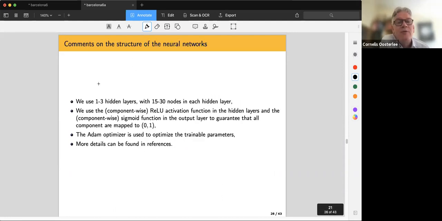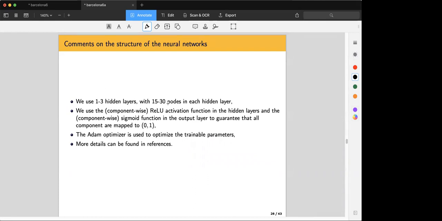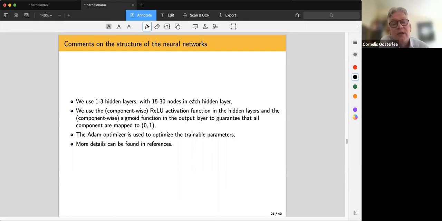Some details about the structure of the neural networks. We have 1 up to 3 hidden layers, and 15 up to 30 nodes per layer. We use a component-wise ReLU activation function in the hidden layers and a component-wise sigmoid function in the output layer. That last part is to guarantee that the solution is mapped into [0,1], because that is our target solution.